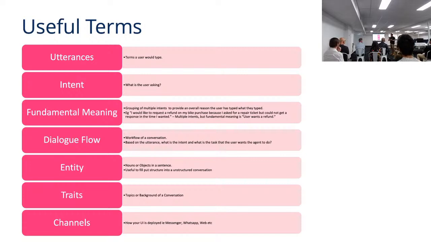And where natural language processing or machine learning comes in is it allows you to enter a single utterance. So say for example, I would like to lodge a claim as a single utterance. Where the machine learning comes in is that it takes that sentence and asks, what are the synonyms of that sentence that can come in?